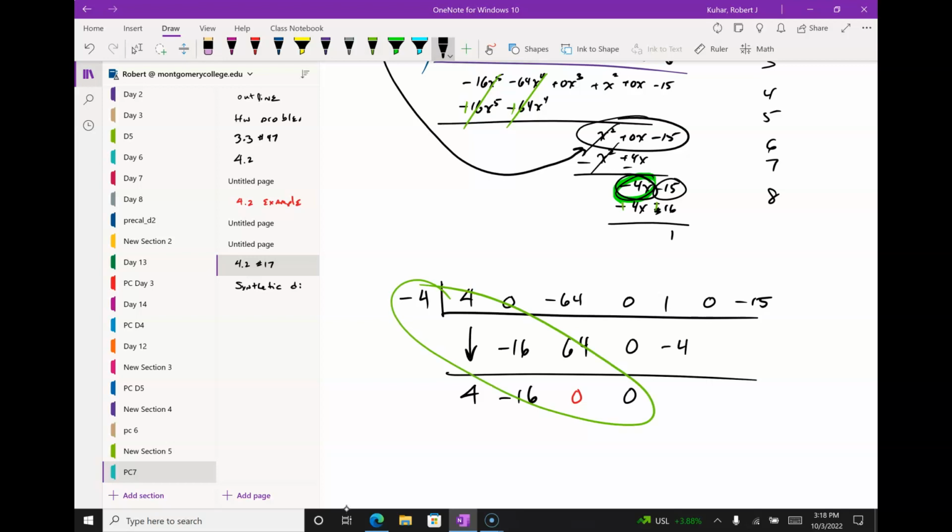I get negative 4. I get 0. I add, I get 1. I multiply. I add, I get negative 4. I multiply, I get 16. I add, I get 1. That's my remainder.